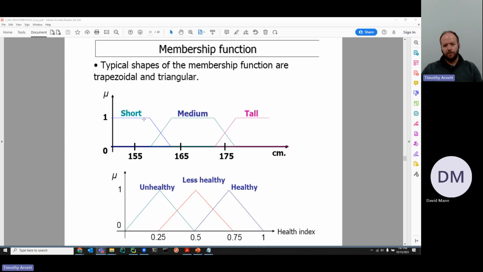A person may belong to the set of short people if they are below, let's say, 159 or 158 centimeters. They're just fully in the set of being short. But if they're in between, say, 158 and 163 or so, they're in between short and medium height. We don't know exactly. There's some combination of the two.